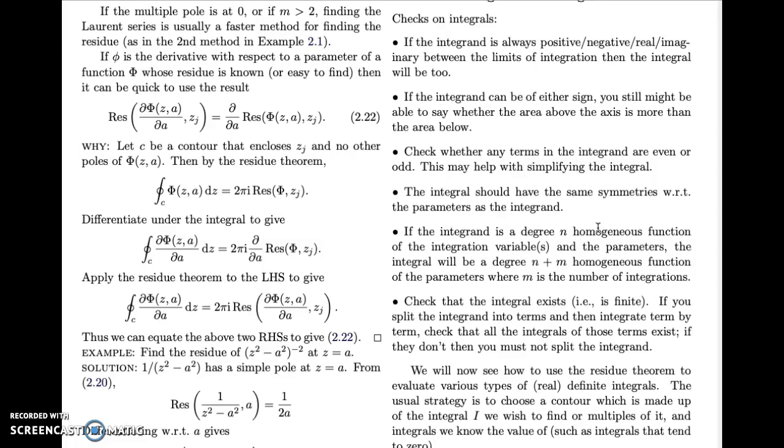So homogeneous means that there's a unique and definite dimension in the sense of the physical sciences, like meters or something. Contrast this with something like x squared plus x. Now x squared plus x is not homogeneous because you've got a power 2 and a power 1 added together.